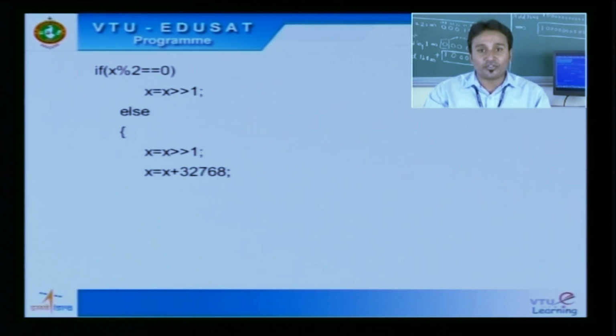2 to the power of 15 is the MSB value of a 16-bit length binary number. The 2 to the power of 15 value is 32768. Hence, x is added with 32768. Thus, this returns the value of x when it has been completed by n bit rotation.